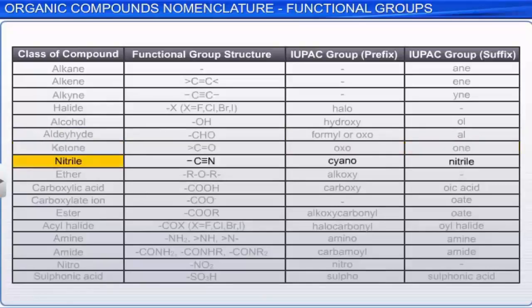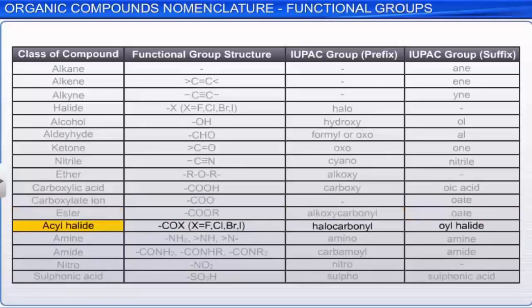The nitrile group prefix is cyano and the suffix is nitrile. The ether group prefix is alkoxy. The carboxylic acid group prefix is carboxy and the suffix is oic acid. The carboxylate ion group suffix is -ate. The ester group prefix is alkoxycarbonyl and the suffix is -ate.